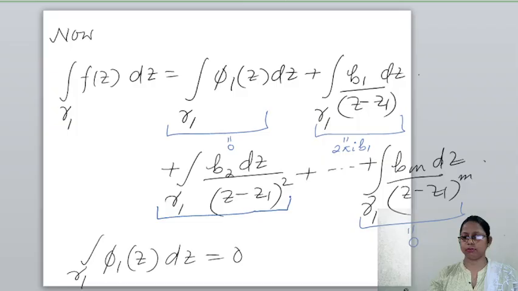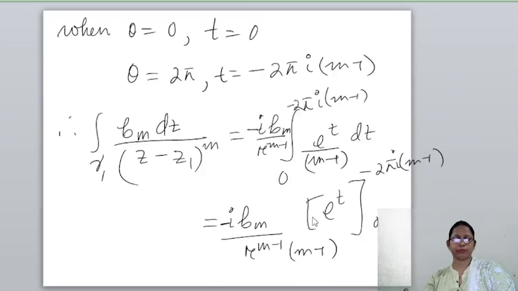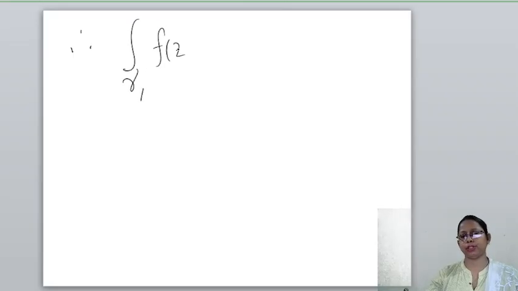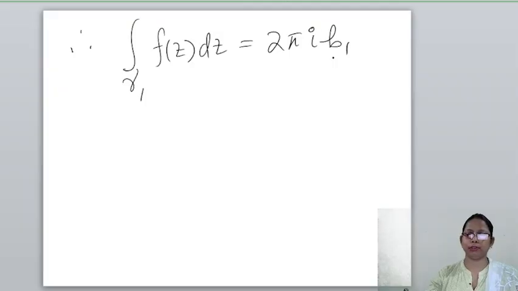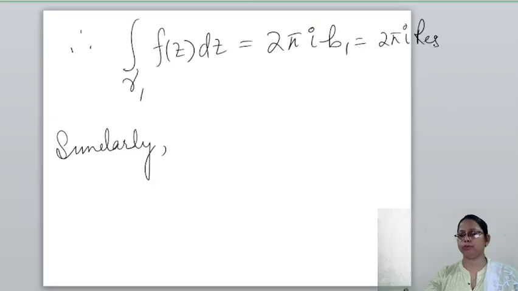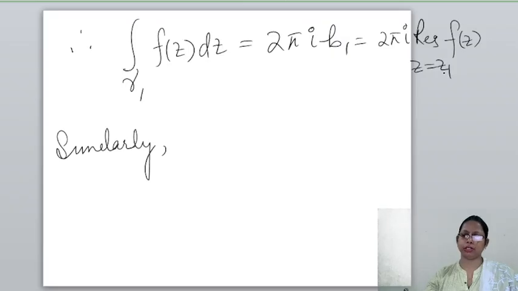So this integral is 2 pi i b1. Therefore, the integral over gamma 1 of f(z) dz is equal to 2 pi i b1, where b1 is the coefficient in the Taylor series expansion of f(z) about the point z1, which is the residue of f(z) at z equal to z1.